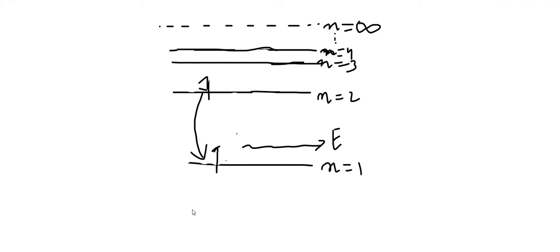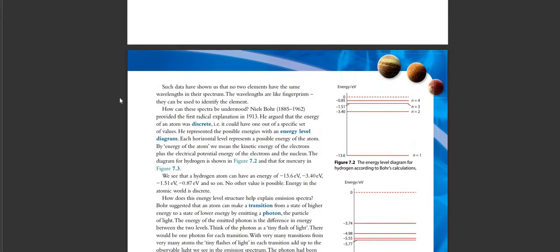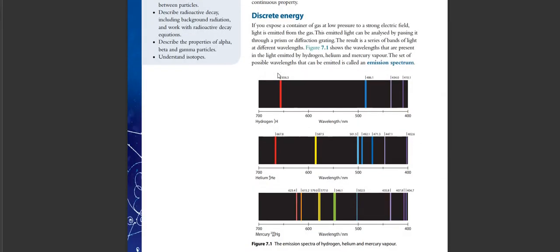So for those specific energy values, we can associate them with a specific wavelength. And if we put out all of these wavelengths, we get something known as an emission spectrum. They will look something like this.